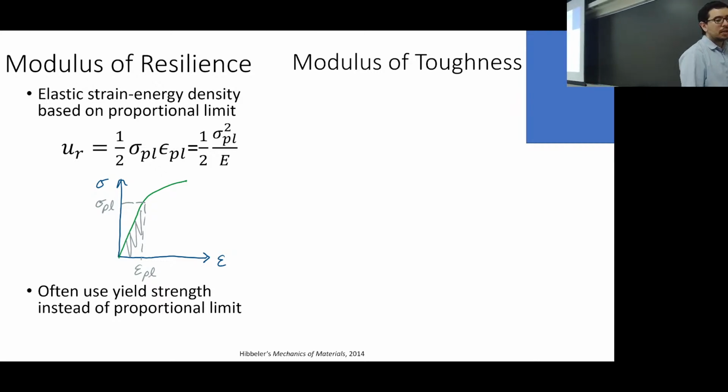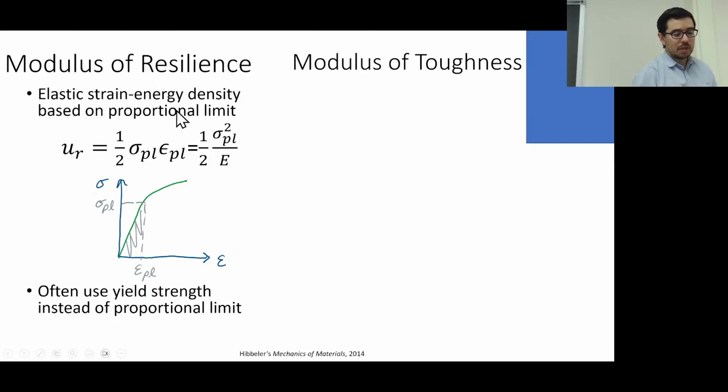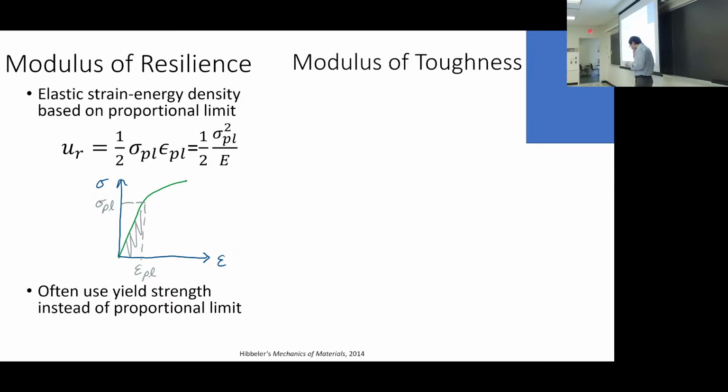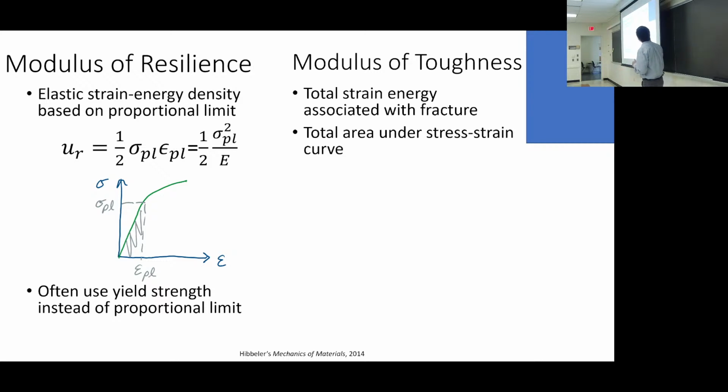We name it something: the modulus of resilience. Now we said resilience earlier refers to ductility, and then we showed that sometimes when you think about ductility, you also include the plastic regime, because there's all the energy that can be stored once you go plastic, during the necking part of the pull.